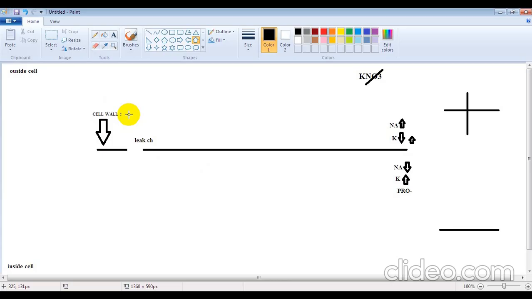When the external concentration is increased, when I have more concentration of potassium outside the cells, the outflow of potassium from inside to the outside will decrease. Why? Because the concentration gradient has been reduced.